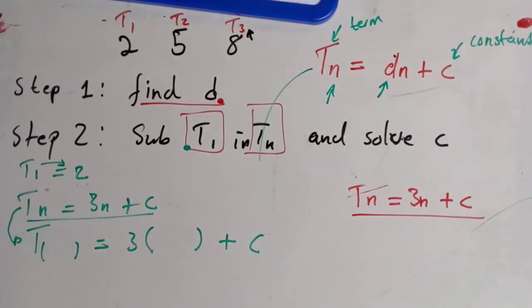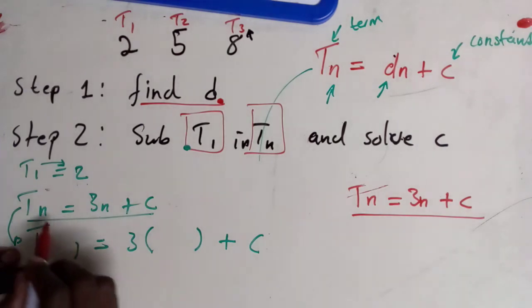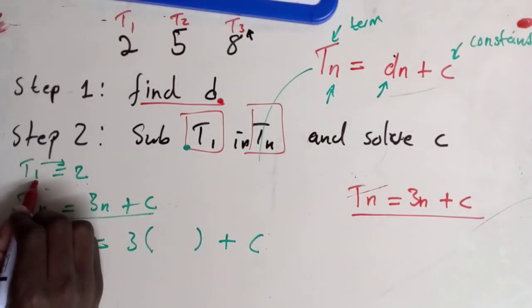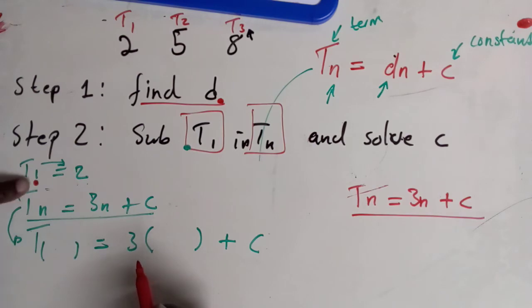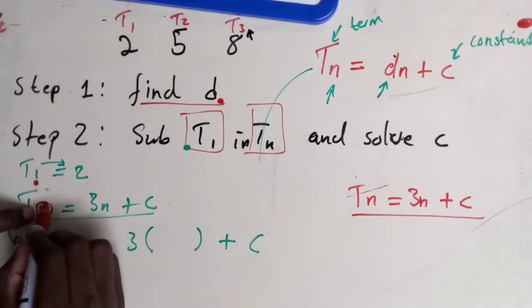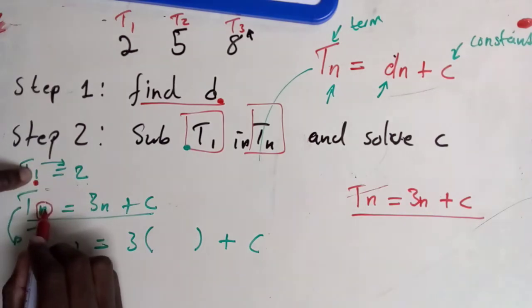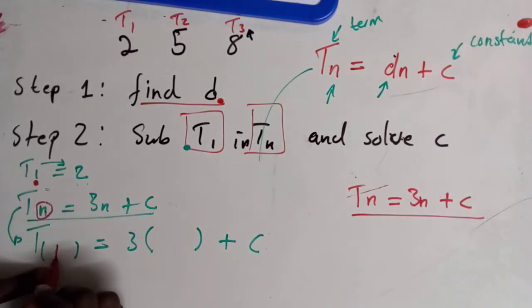Hope you're following. Now, we're taking T1, where there was n, we put 1. Where there was n, we put 1. N was here, I put 1.